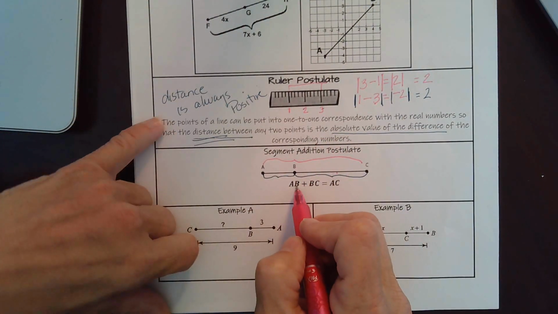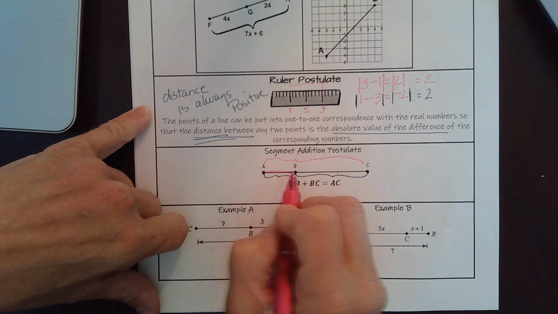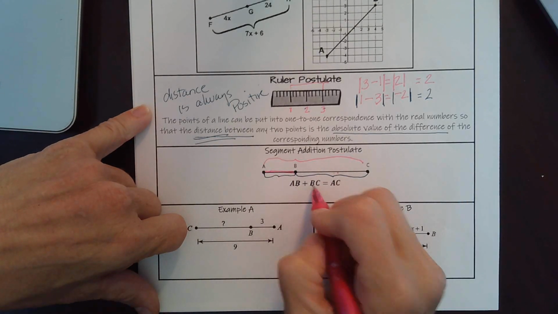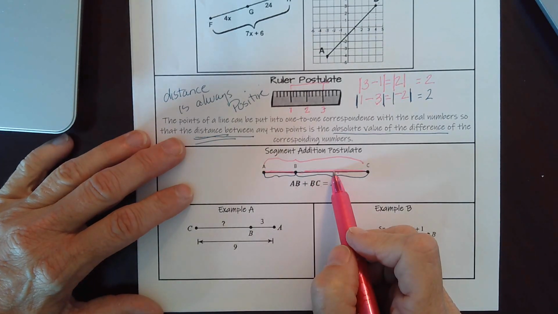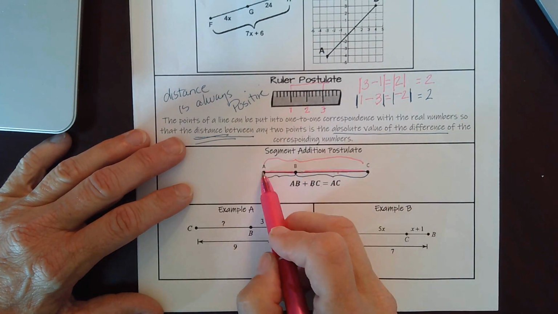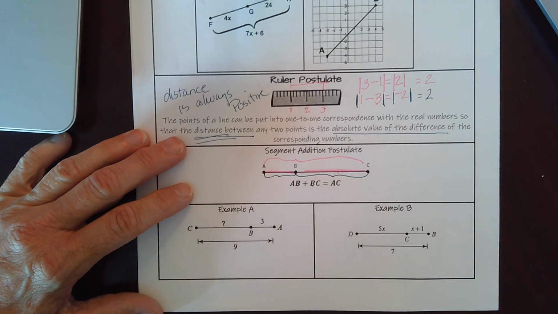So segment AB plus segment BC together gives you this big segment of AC.